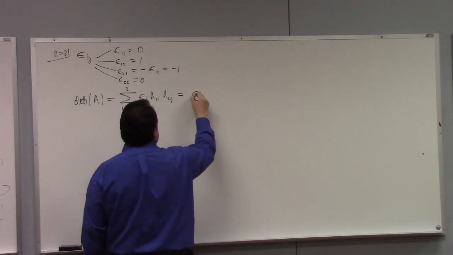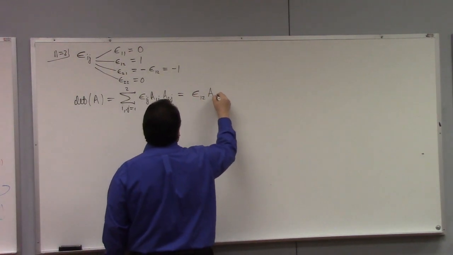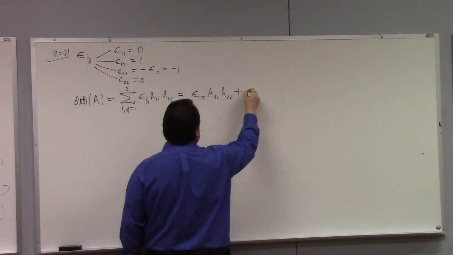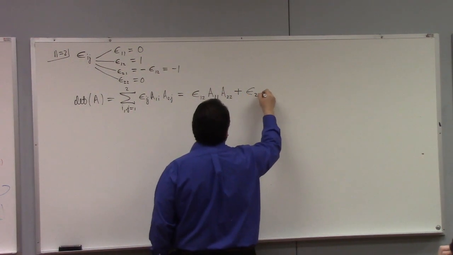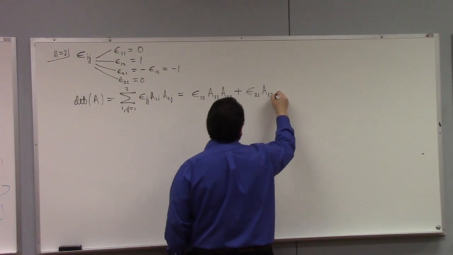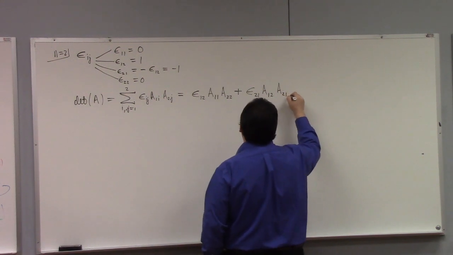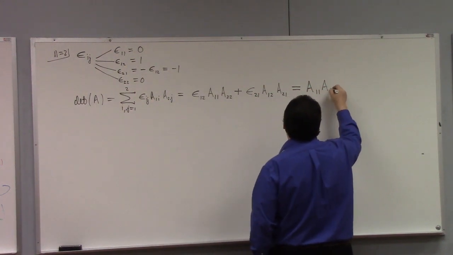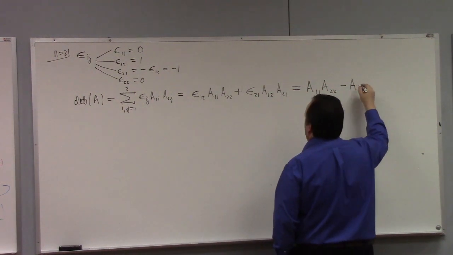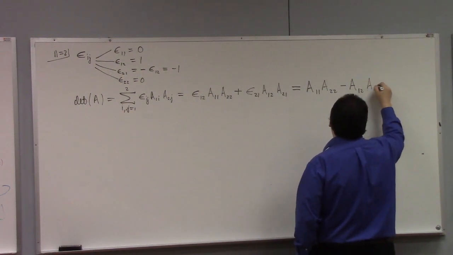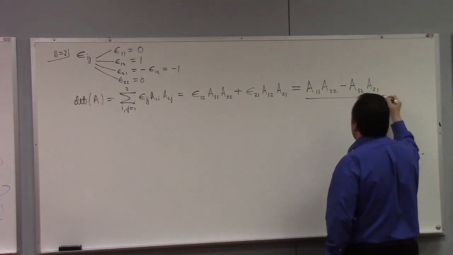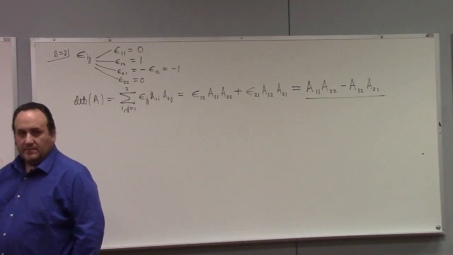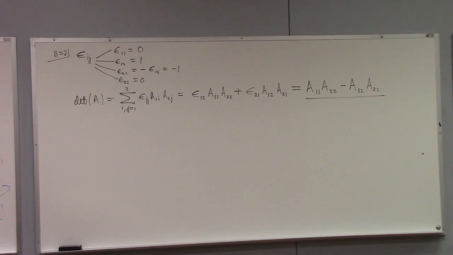Well, there's just two things: epsilon 1,2 a11 a22 plus epsilon 2,1 a12 a21, which is a11 a22 minus a12 a21. That, my friends, is exactly the AD minus BC formula written in component notation, right?